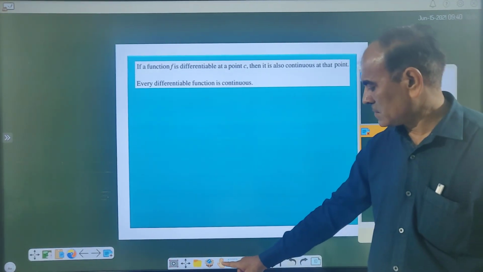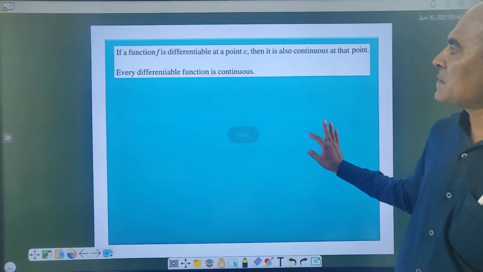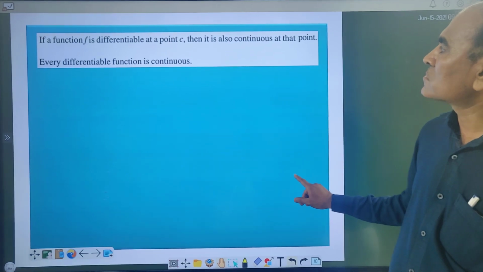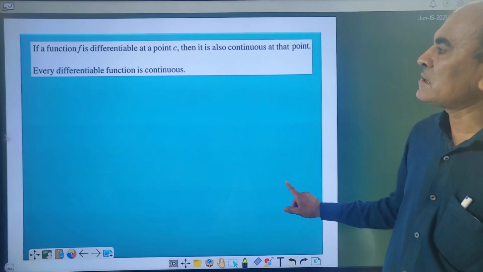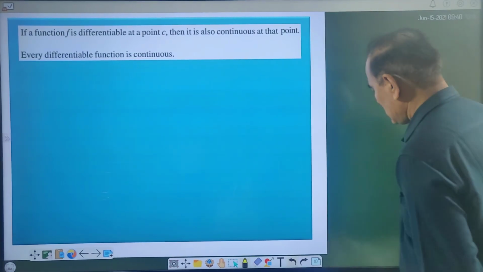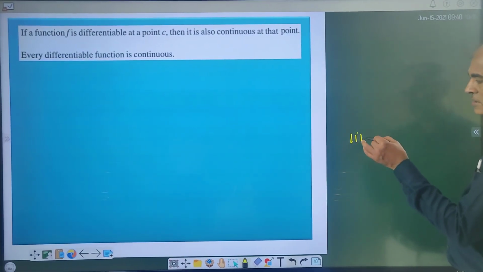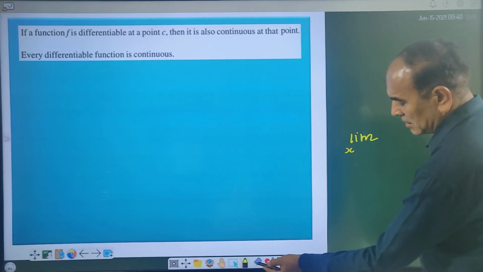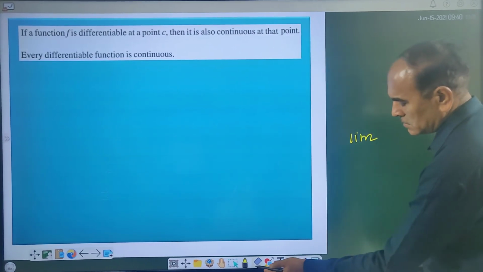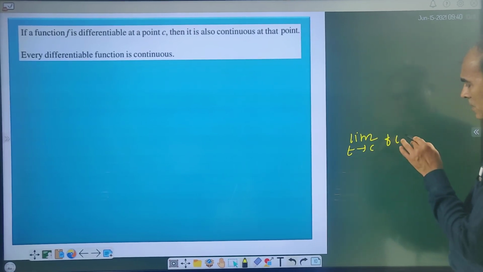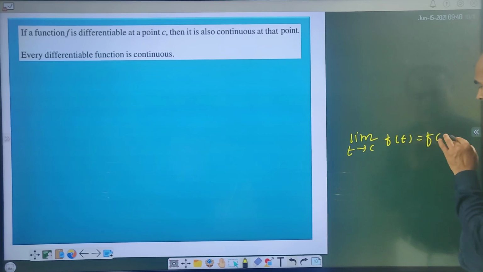Here what is given? If function f is differentiable at point c, then it is also continuous at that point. Means every differentiable function is continuous. Now see, if the function is continuous at c, can I write limit t tends to c, f of t is equal to f of c?